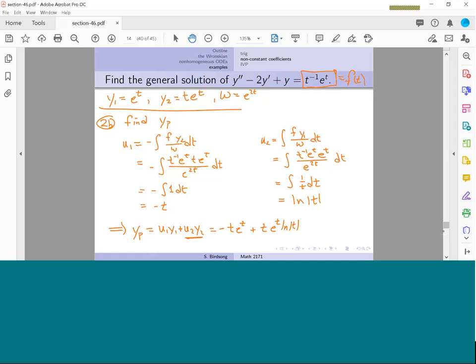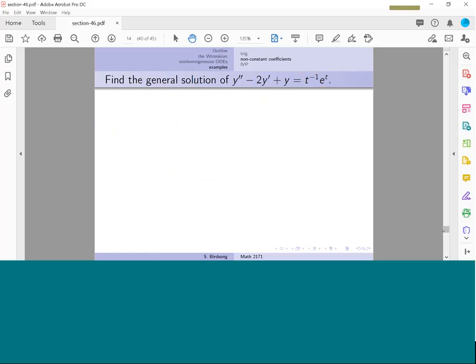Okay? Now, next slide and last slide that we're going to have where we work through this problem is we're going to grab our particular solution we just found, our homogeneous solution that we already found. We'll add them together to get our actual general solution. So to remind ourselves, our homogeneous solution here was C1 e to the t plus C2 t e to the t.